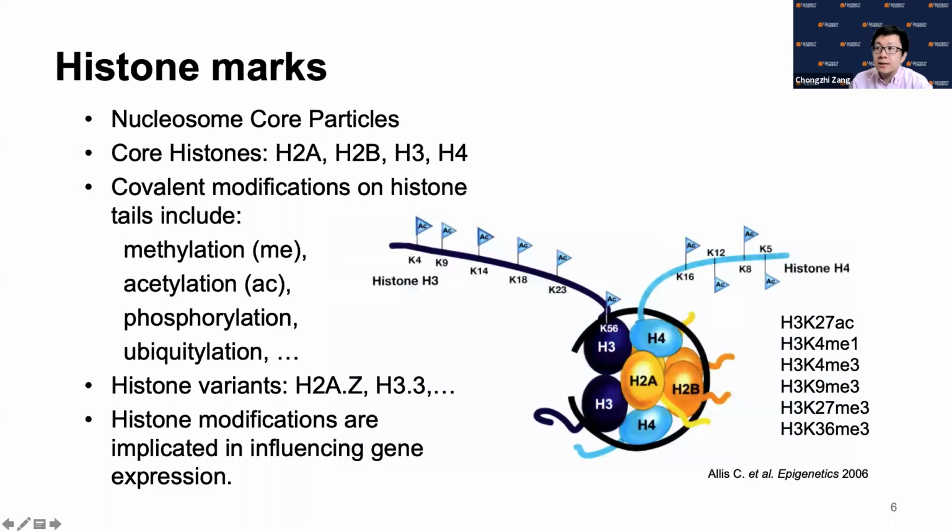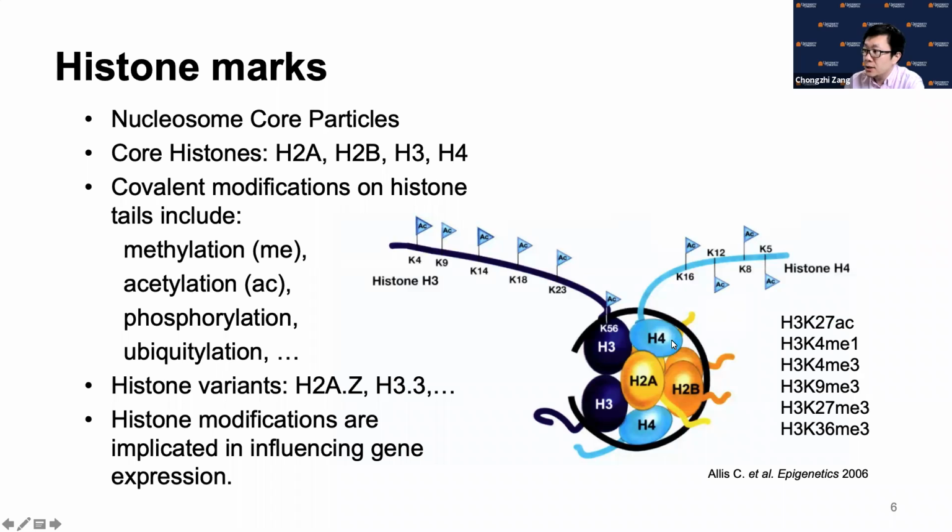Let's talk a little more about histone marks. In each nucleosome, there is a core particle that consists of 2 copies of each of the 4 core histones: H2A, H2B, H3, and H4.